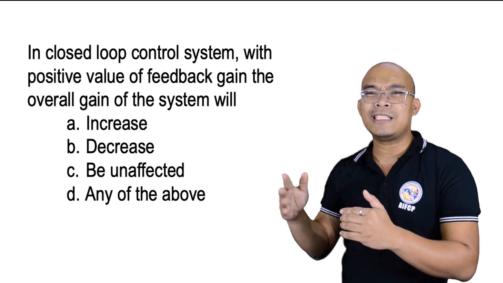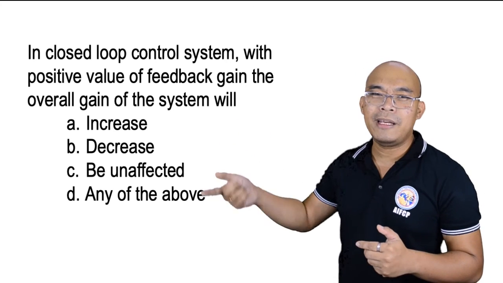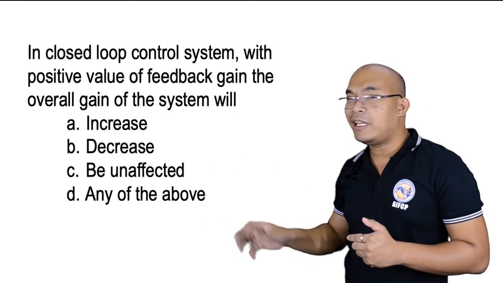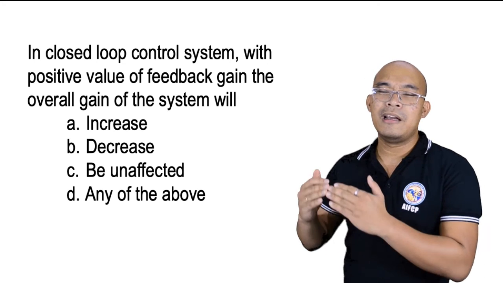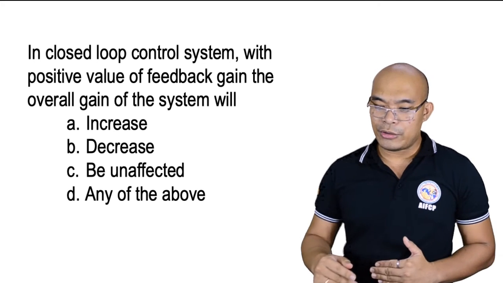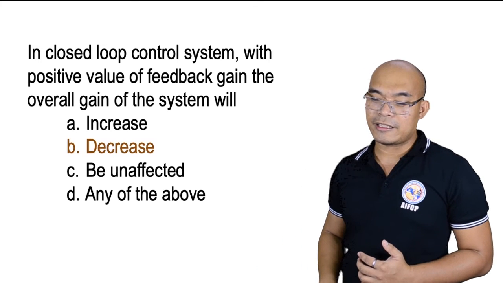So therefore, mas mataas na yung error mo. So therefore, ang sinisend niya na command dun sa controller mo is negative, kaya para babaan niya yung temperature in your system. So in this particular case, decrease.